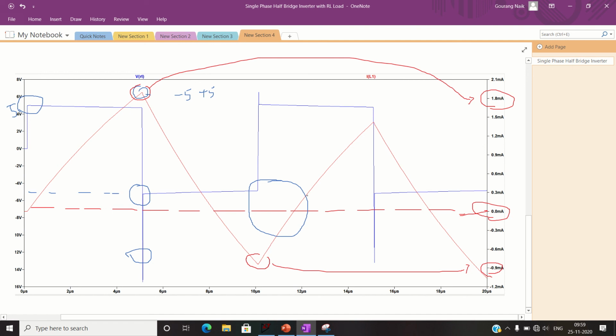For this amount of time my current is negative and my voltage is positive.